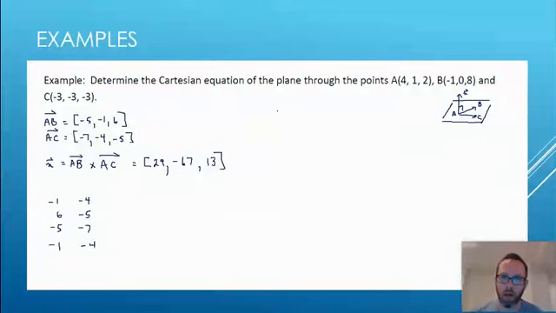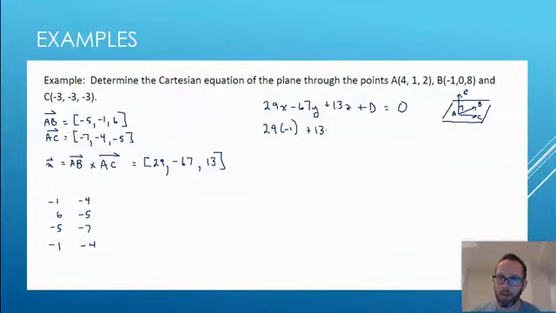So the equation of our plane is going to look like this: 29x minus 67y plus 13z, and we just don't know what d is. To get d, we can plug in a point. So here we're just using the substitution method. I think b looks nice to put in, so I'm going to put in b. So 29 times -1. The y's will go away because it's 0.